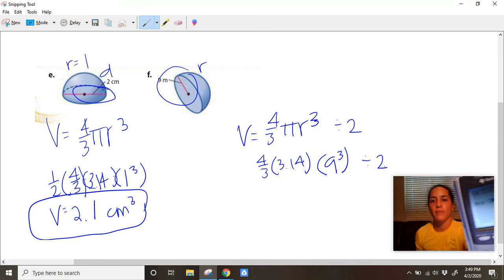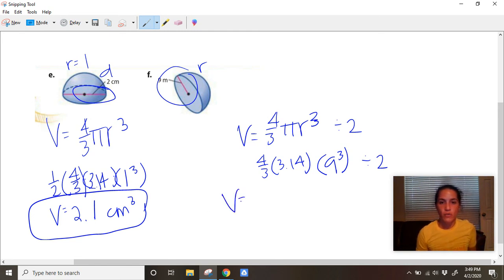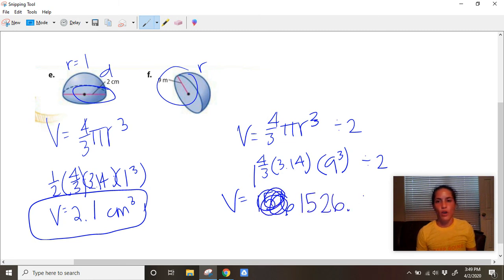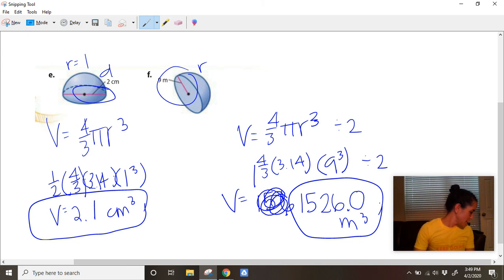And then I'm just going to divide by 2 because I only want half of it, and I get 1,526.04, so you could just say 1,526 meters cubed. If you use the pi key, you might have something a tiny bit different, but 1,526 is that hemisphere.